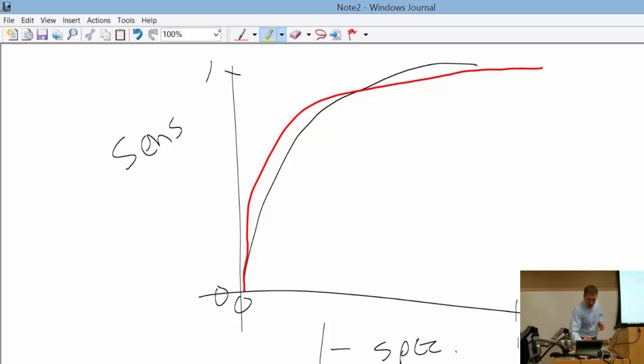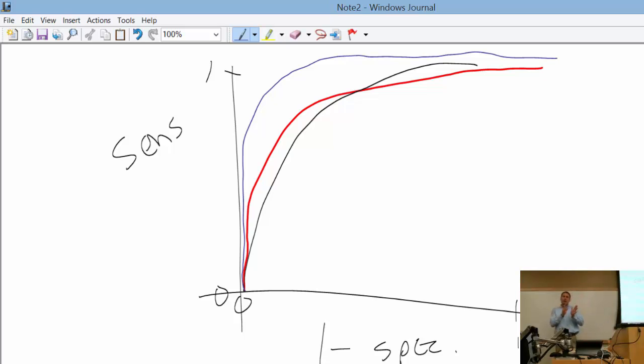Let me just throw up a third curve up here just to emphasize. So this third curve, which is in blue, obviously is better than the other ones. Note that your sensitivities can't be greater than 1. It's just that I can't draw very well. But if you look at that blue curve there, you can see that it has a higher area underneath it than the other two curves. So this one would be better.